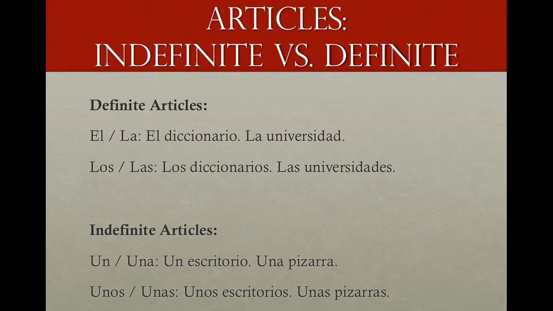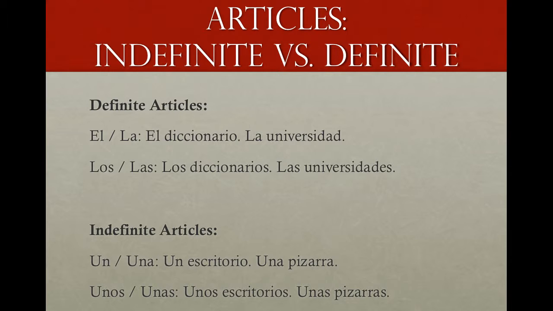Now, these words, for example, el diccionario, el being masculine, and la universidad, la being feminine. There's nothing inherently masculine about a dictionary, un diccionario, or anything feminine about a university, la universidad.